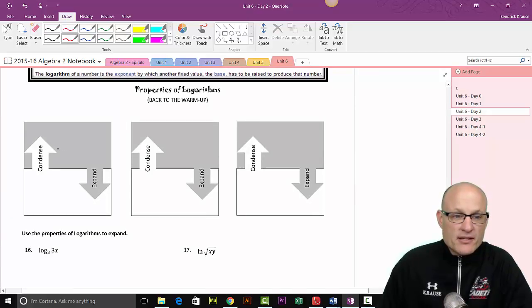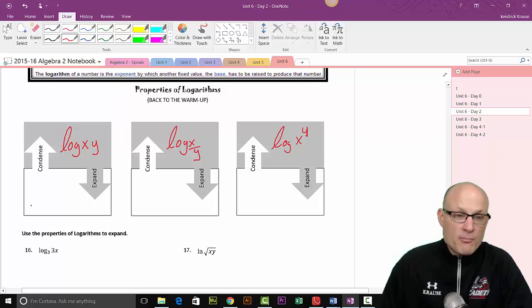So the condensed form is going to go up on top here. If I gave you log of x times y, you should be able to pause this and tell me what that's equal to. If I gave you log of x divided by y, pause and tell me what the expanded form is. And if I gave you log of x to the y, again, pause it and give me the expanded answer.